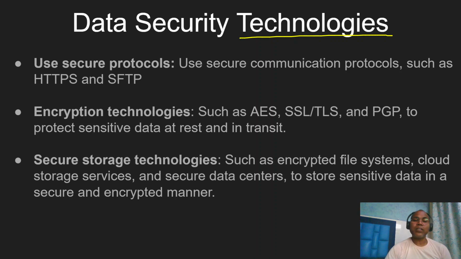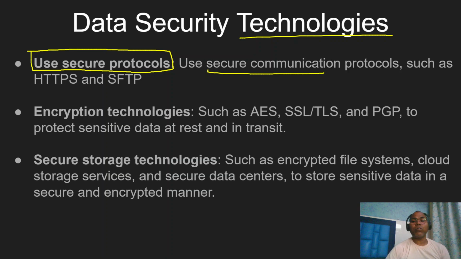But let's start. For sensitive information, always use secure protocols. Secure communication channel protocols such as HTTPS and SFTP, secure file transfer. Let's say we have used the secure protocol.